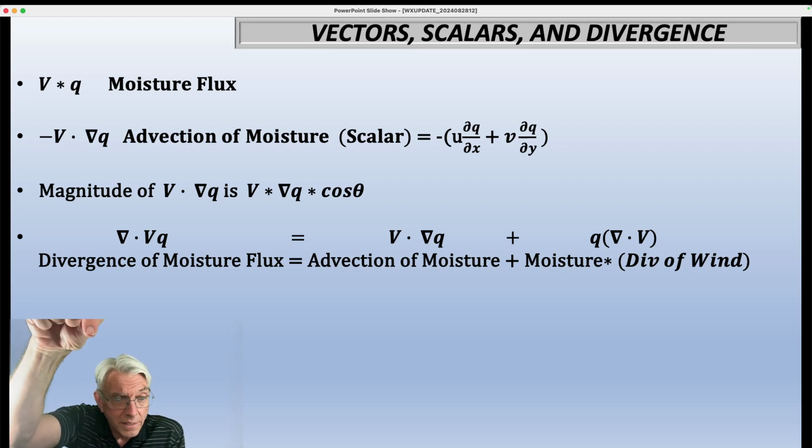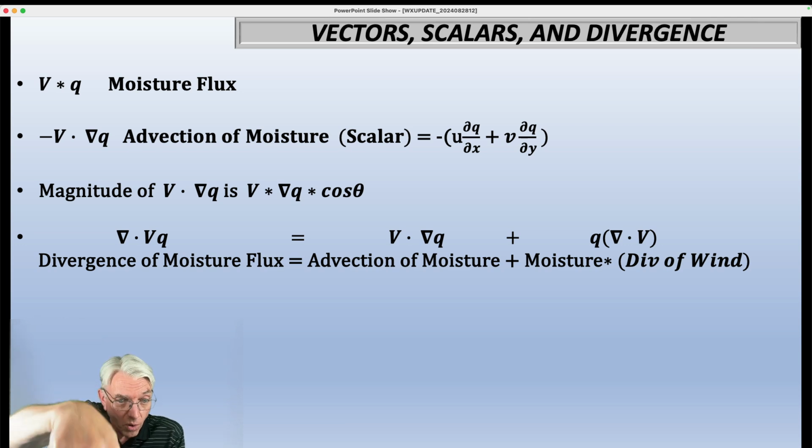And if the wind is coming from the north and blowing in the same direction the gradient is pointing, then the angle between those two is 0. And the cosine of 0 degrees is 1. If they're perpendicular to each other, then the cosine of 90 degrees is 0. So there's no advection, okay? So if you want strong advection, you want the wind blowing as parallel as you can, or as close to the direction as the gradient is pointing, okay?